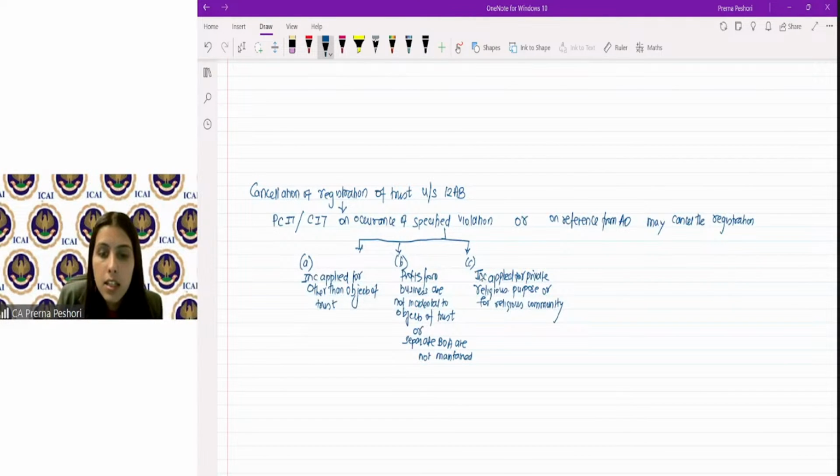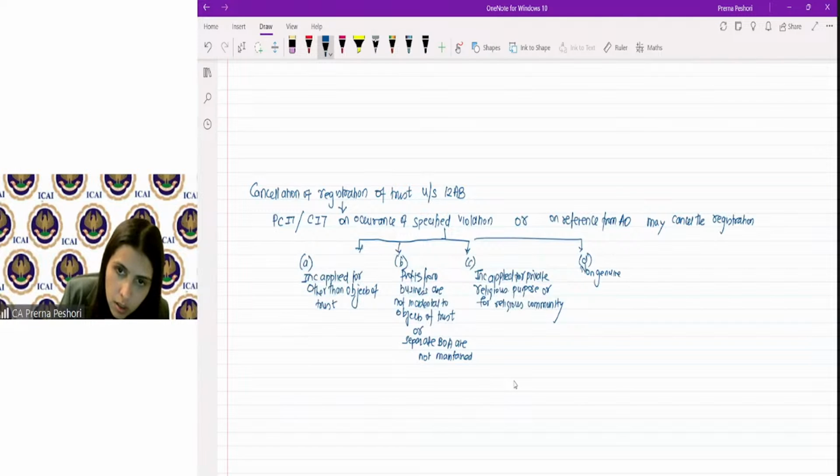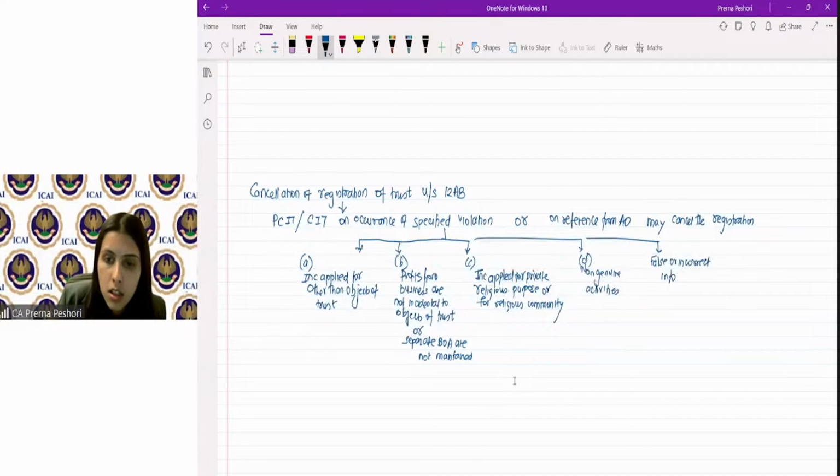Okay. Then the activities of the trust are not genuine, non-genuine activities. Then false or incorrect information in the application for approval. So in this case, the PCIT may cancel the registration.